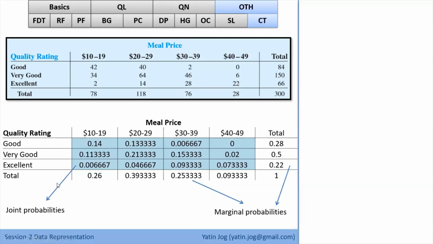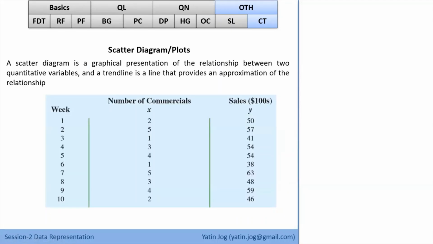So these are my joint probabilities and these are my marginal probabilities. This is just for information on how you can calculate probabilities, though probability is not part of this course. So this is how you can create cross tabulations, and do the analysis based on them.